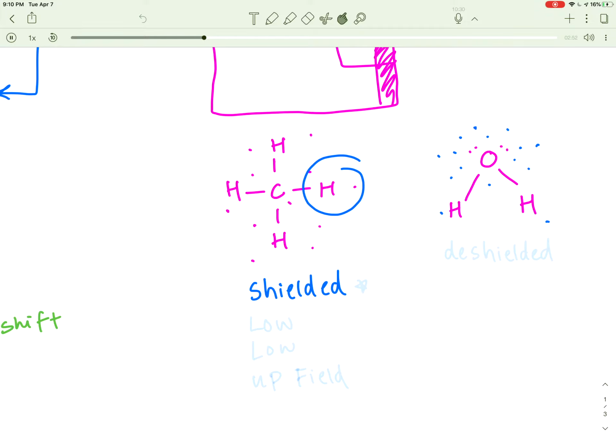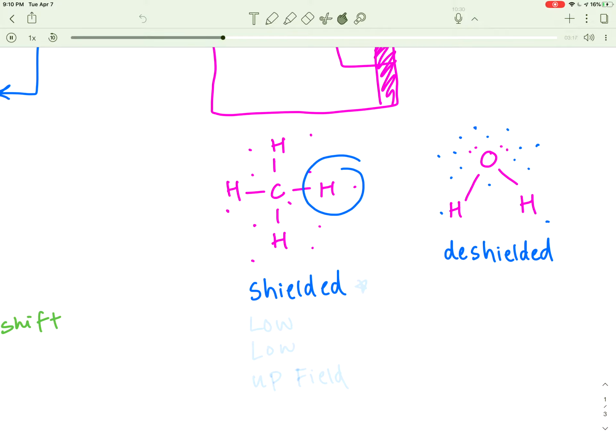But whenever I'm talking about water, for example, something very polar, when I have something electronegative like oxygen inside of it, if you notice, the electrons are spending a lot more time near the oxygen than the hydrogen, making my hydrogen deshielded, so it's not shielded anymore. So deshielded means my electrons are not near the hydrogen anymore.